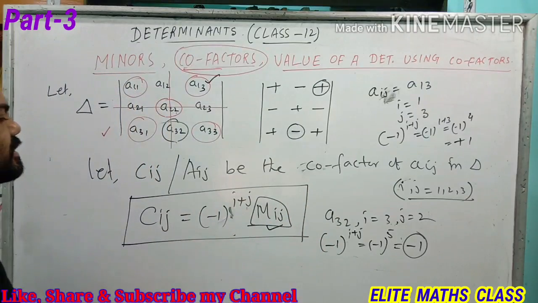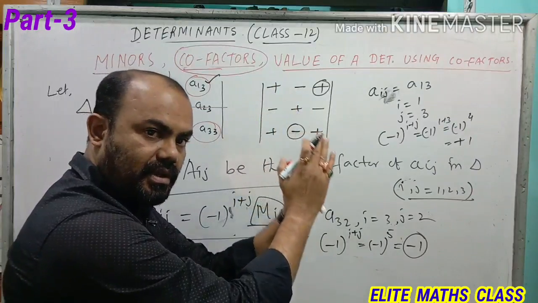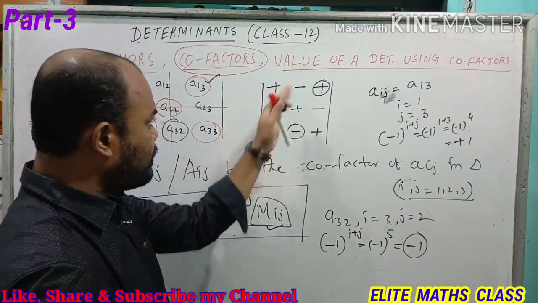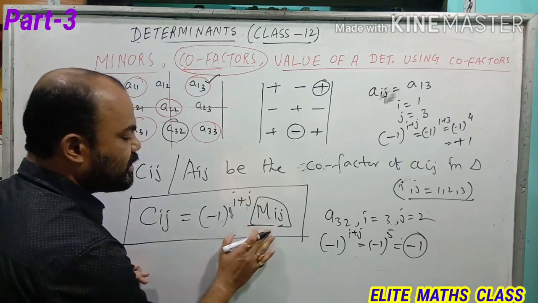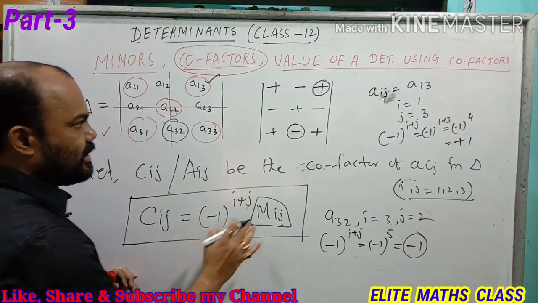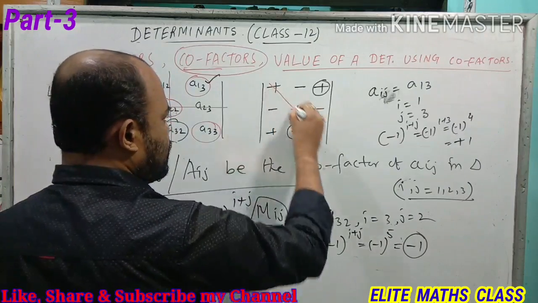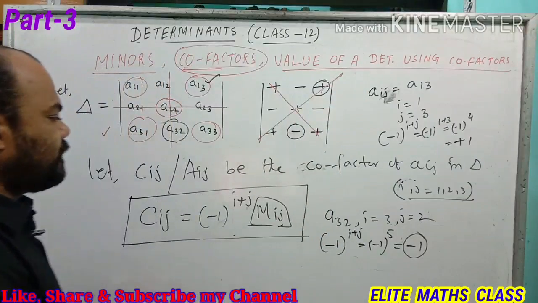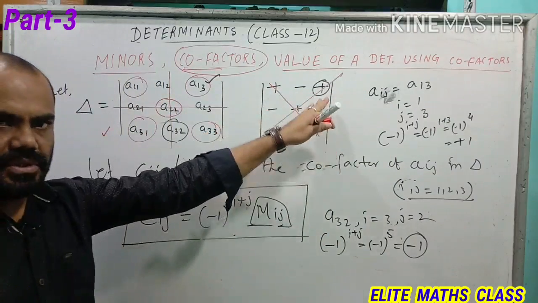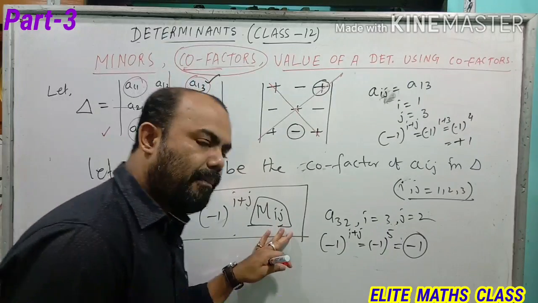So this is the rule for how the signs are defined, and this is the definition of cofactors. The cofactor of each element is the sign of the respective position times the corresponding minor. As these positions are positive, for these 5 positions the cofactors of these elements will be the same as the minor.